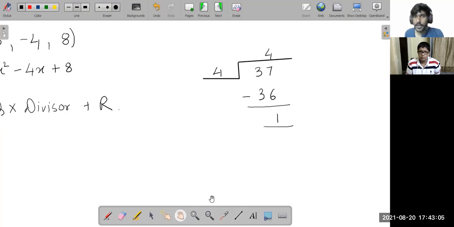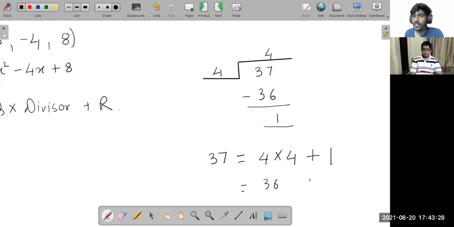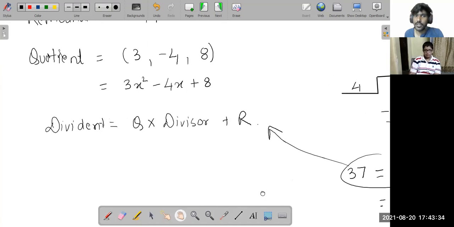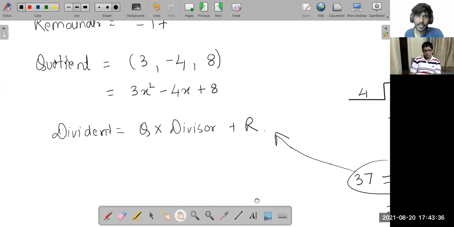So here 37 is the dividend, 4 is the divisor. Dividend is equal to divisor into quotient plus remainder. 4 fours are 36, 36 plus 1, 37. So this is what I wrote here: dividend is equal to quotient into divisor plus remainder.